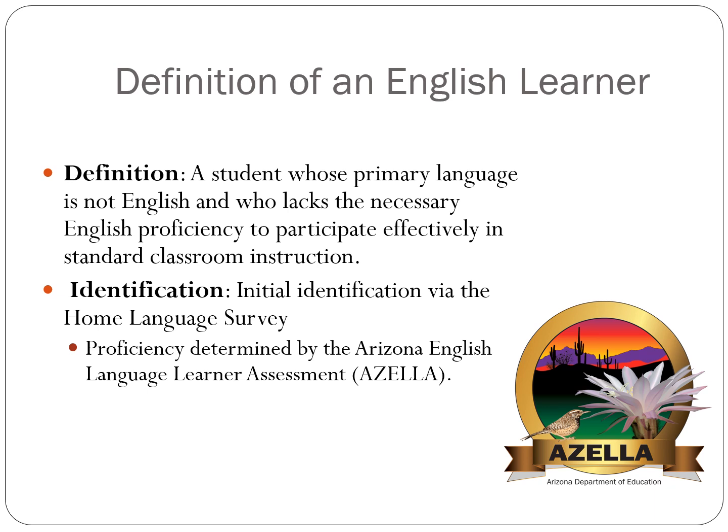These students often possess rich linguistic backgrounds but lack the specific English proficiency needed to succeed in a standard classroom without support. Students officially identify through their English proficiency levels, which are determined by the Arizona English Language Learner Assessment, or AZALEA.